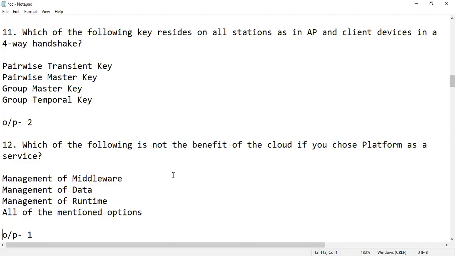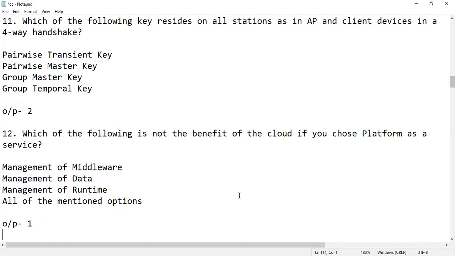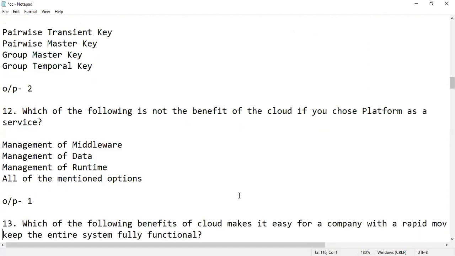Middleware is the software layer that lies between the operating system and the application on each side of a distributed computer network. So it is not a benefit of the cloud if you choose platform as a service. Management of data and runtime is a benefit of the cloud. So we can go with option one.